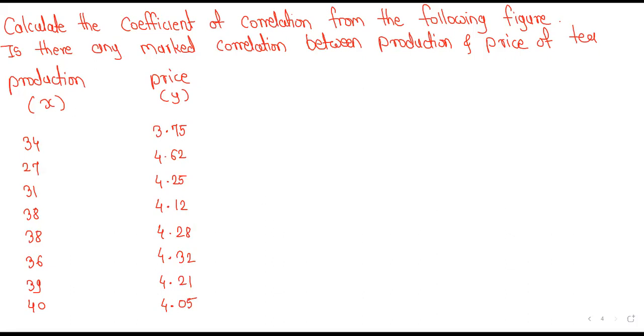So we have to first find the coefficient of correlation, and then make a statement: is there any correlation between production and the price of tea?